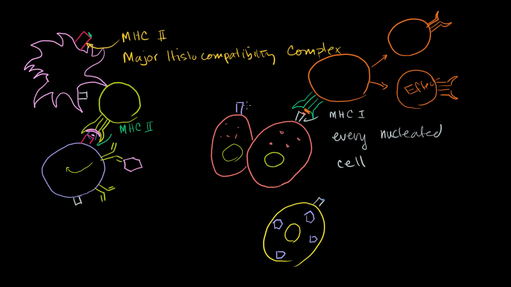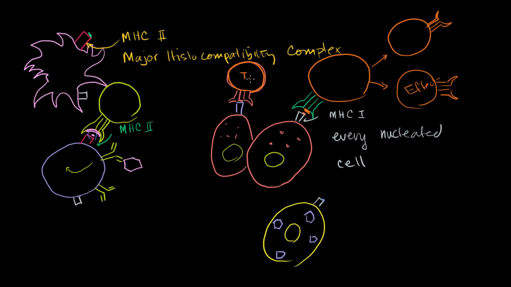It displays the wacky proteins. And then one of these effector cytotoxic T cells will be attracted to it, just like that. And I'm not going into the details on what necessarily does the attractions and all the membrane-bound proteins. If you take an immunology class, you'll see more on that.